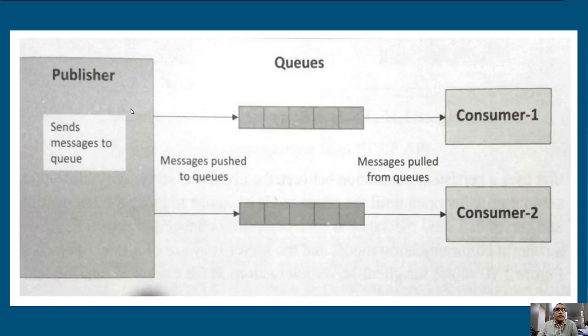Normally this kind of mechanism helps to decouple the network between the publisher and the consumer. Whenever there is sensor data, the publisher pushes that data into the queue, and once the consumer has the resources or is connected to the internet, it can just pull the data from the queue.